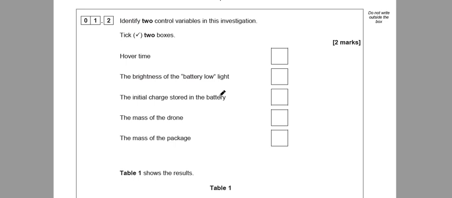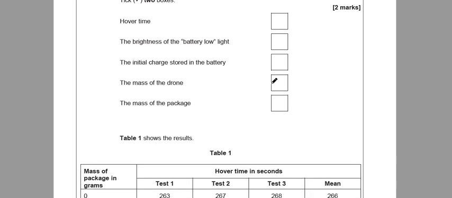Identify two control variables. I will choose the mass of the drone, not the package. The mass of the package is changing, but the mass of the drone should be constant.